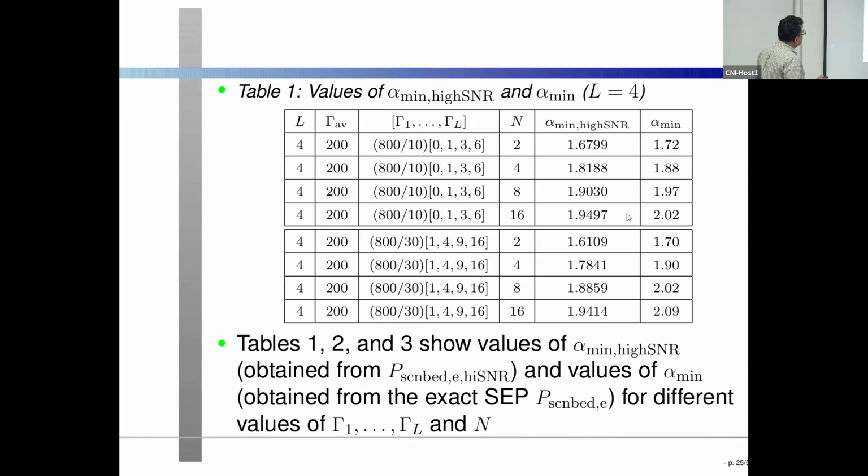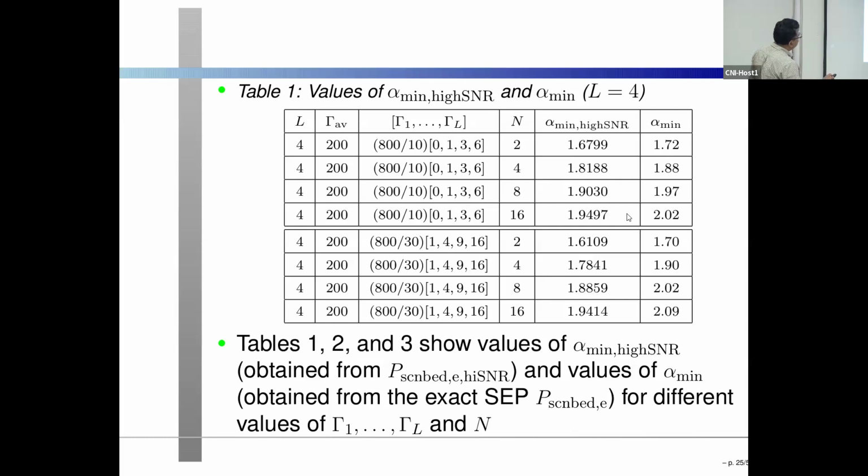So we consider gamma average like 200, which is basically how many dB? 23 dB, right? And this is for L equal to 4 levels, 4-ASK, and the levels are basically the energy level differences. Yes, the energy level differences are in arithmetic progression here.